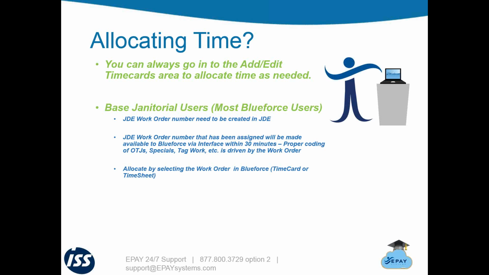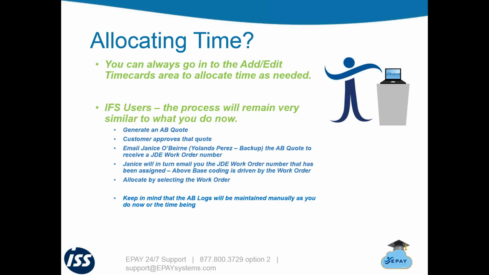Now, the other method for allocating time involves the IFS user, so I'm going to address the IFS team real quick. Generally, for them you have a few more steps because you do an A/B quote on the IFS side. The customer then approves the quote before you are asked to email Janice or Yolanda here at our corporate office with your IFS team to receive a JDE work order number.